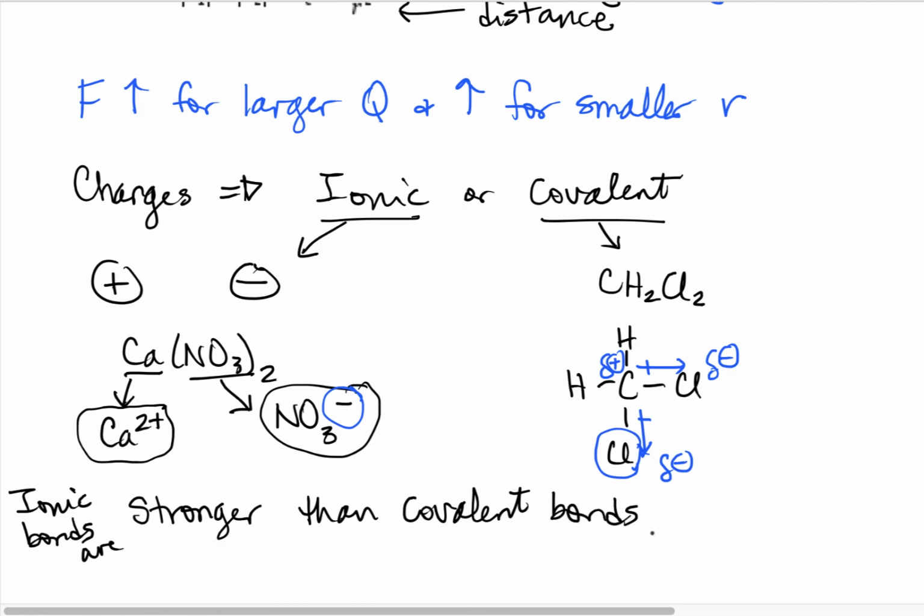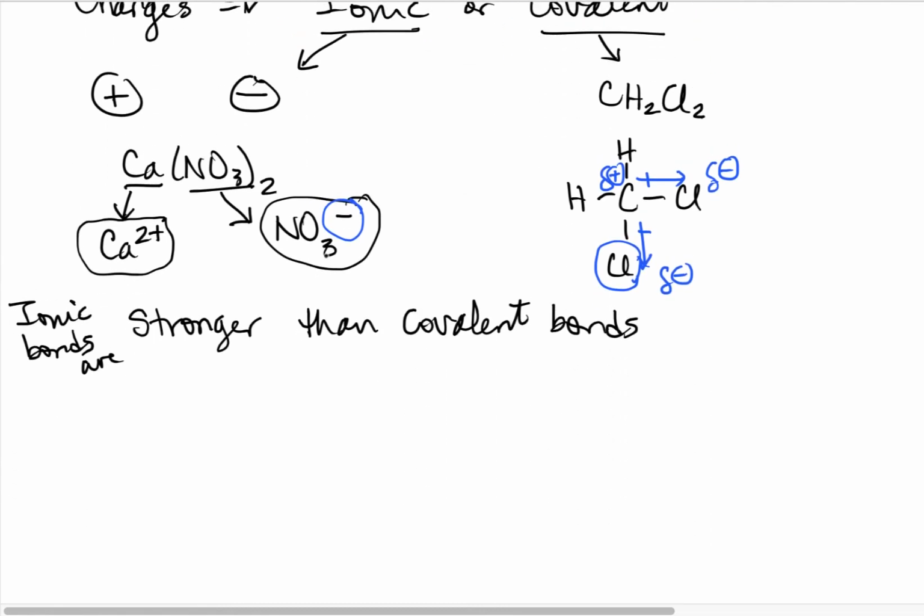But in general, our ionic interactions are going to be stronger than our covalent interactions because of that full positive, full negative charge compared to the partial positive and partial negative charge on those covalent ones. So when I have a compound that is covalent, that has a partial positive and a partial negative, I call this a polar covalent compound.